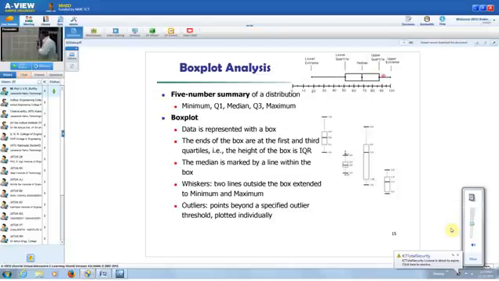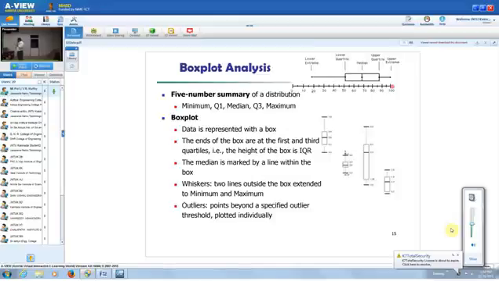So this says that the lower 50% of the elements range from 17 to 67, and the remaining 50% are from 67 to 100. Within a width of 33, half of the elements are there.